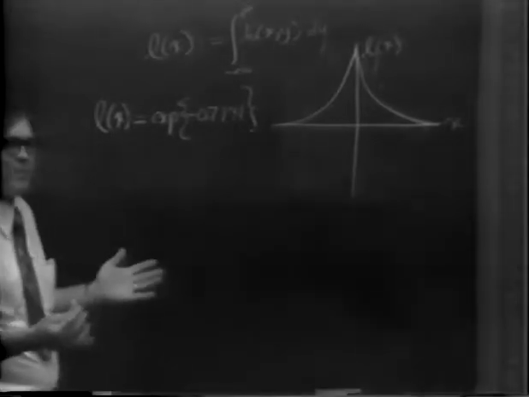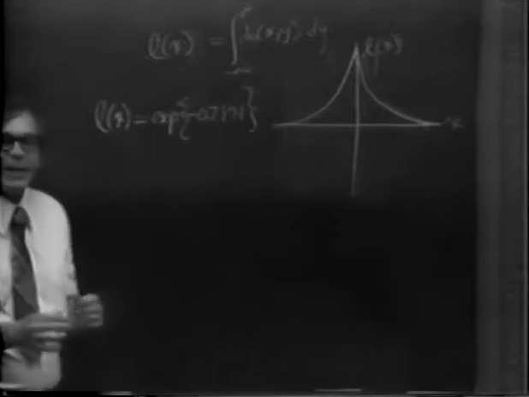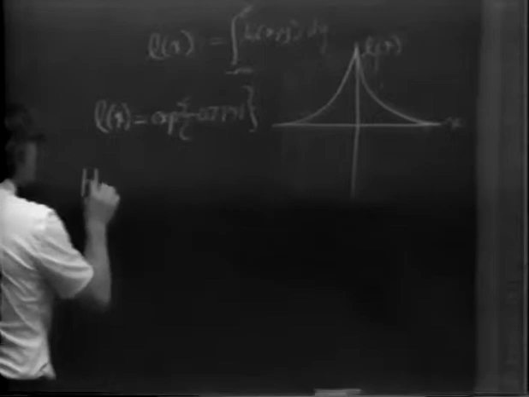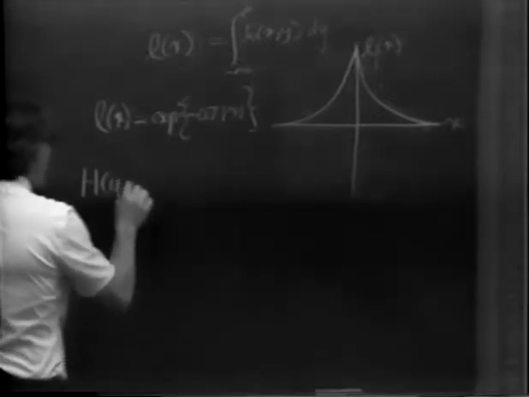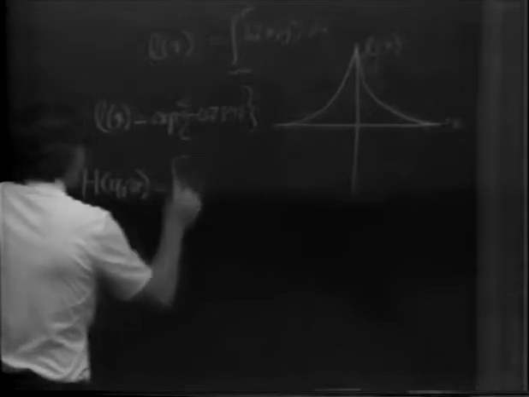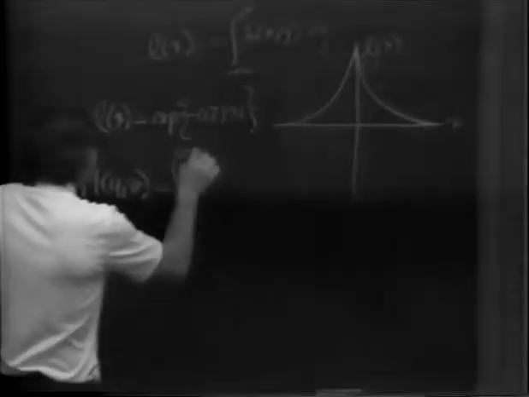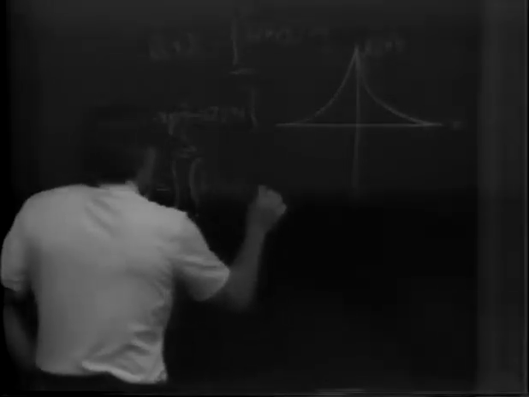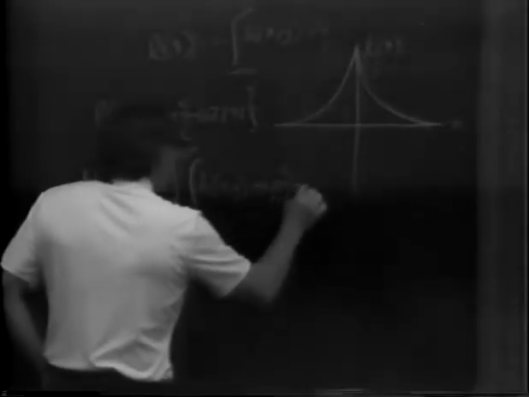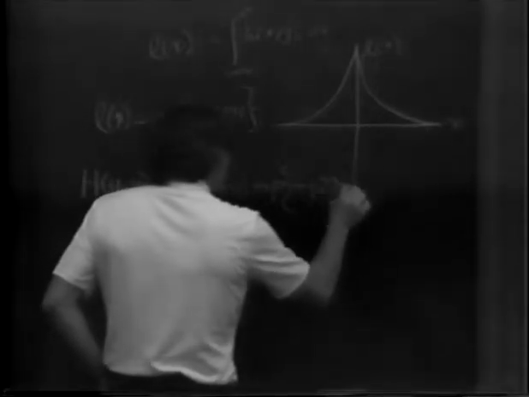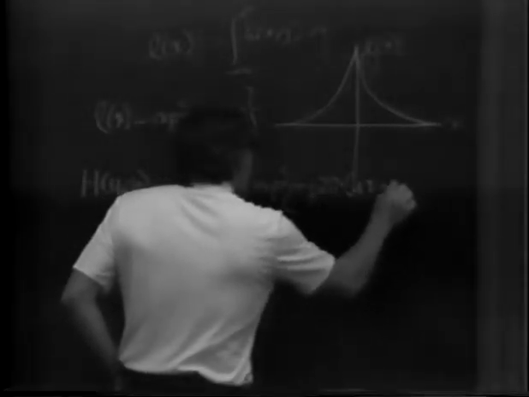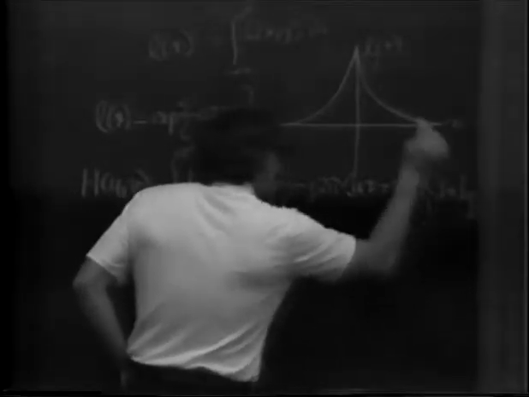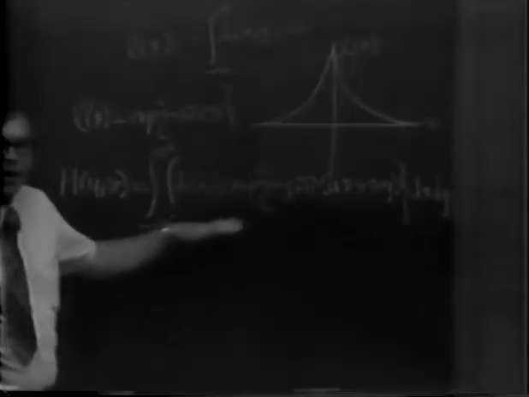Let me just first write down the two-dimensional Fourier transform expression. So if I wrote down the two-dimensional Fourier transform of the point spread function, it's an equation of this form, where we integrate over all x and y values.